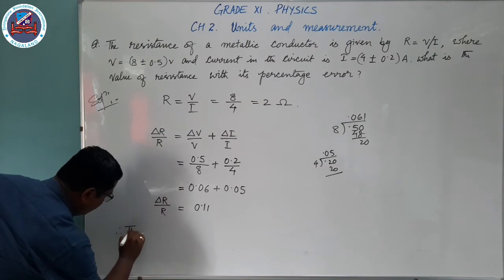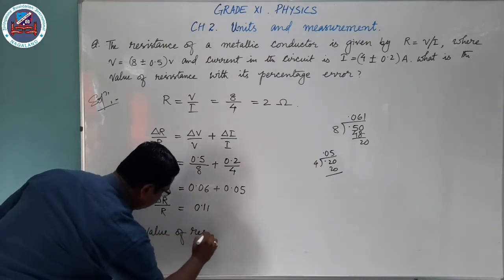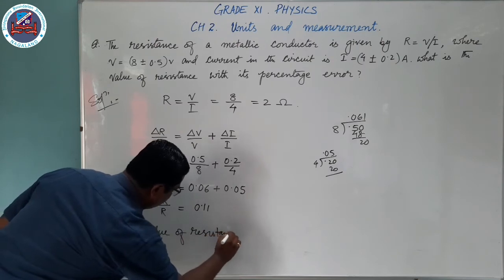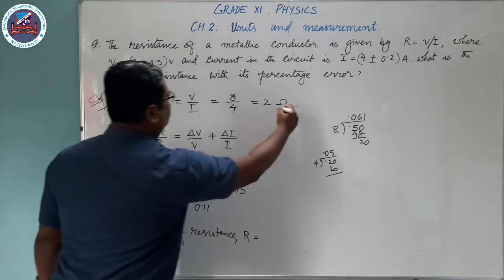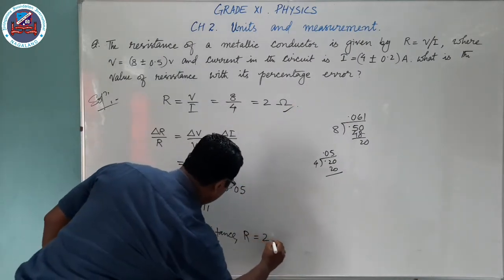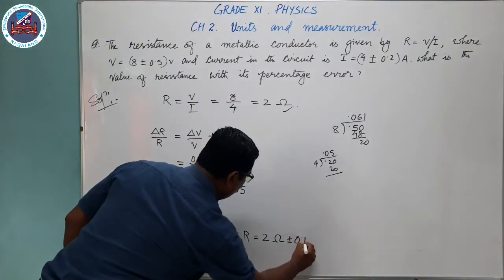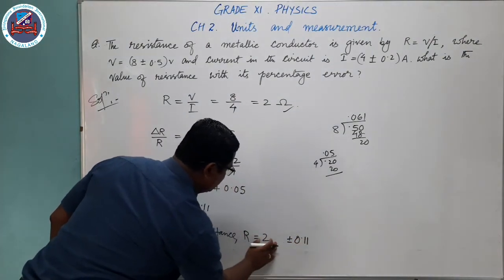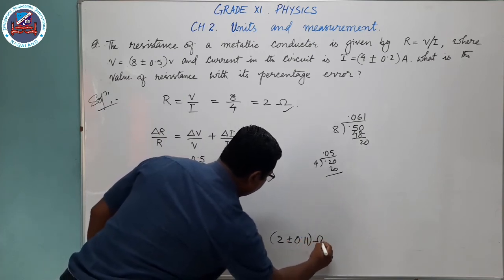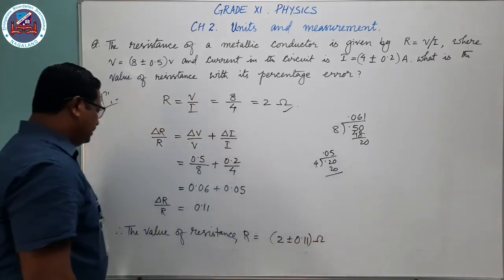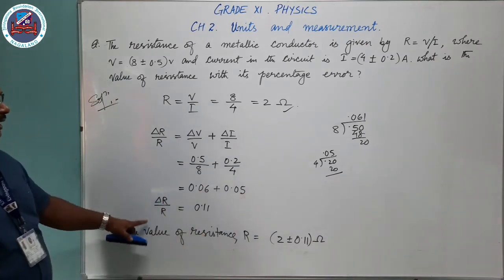Therefore, you can write R is equal to your true value, 2 ohm, plus or minus 0.11, or you can write it like this, 2 plus or minus 0.11 ohm. This is your value of resistance in terms of relative error.